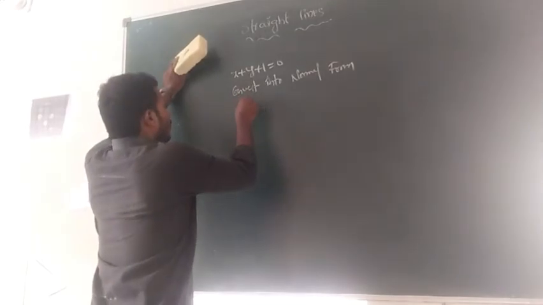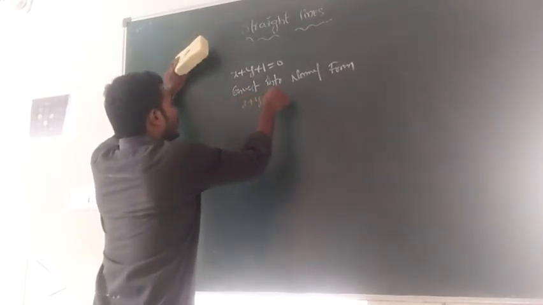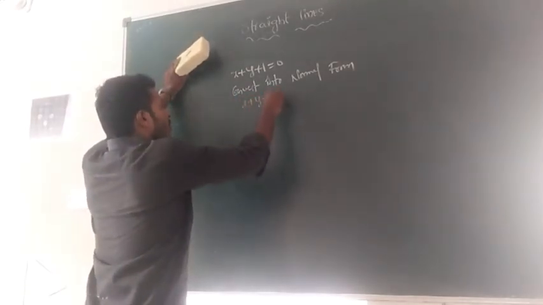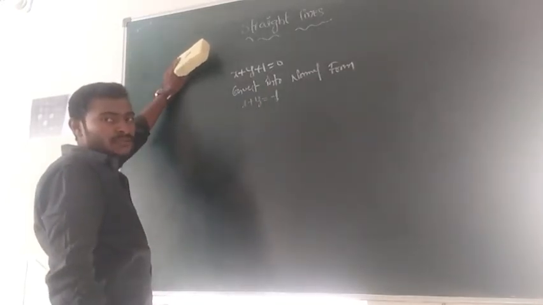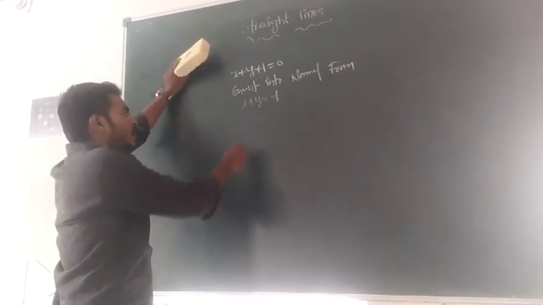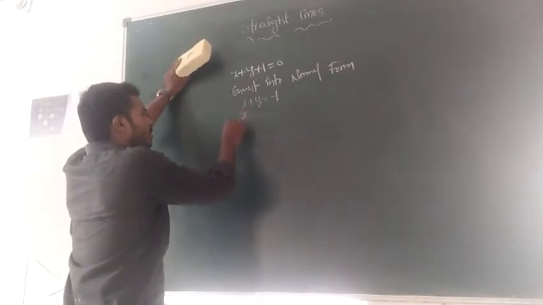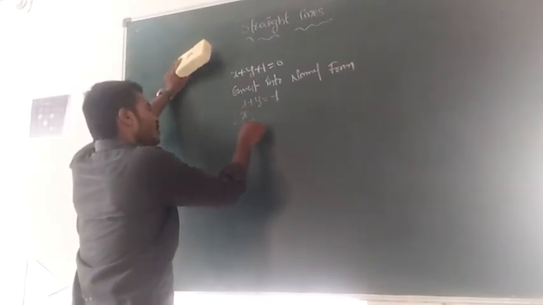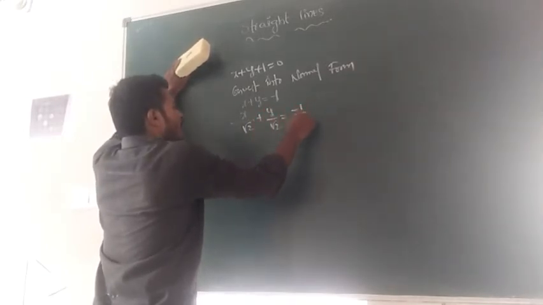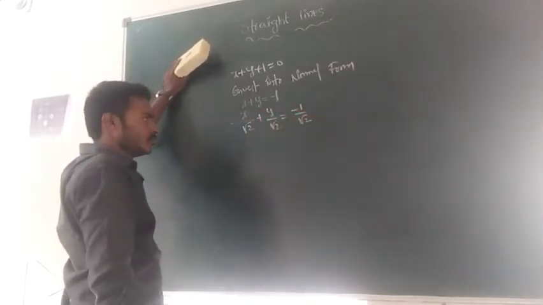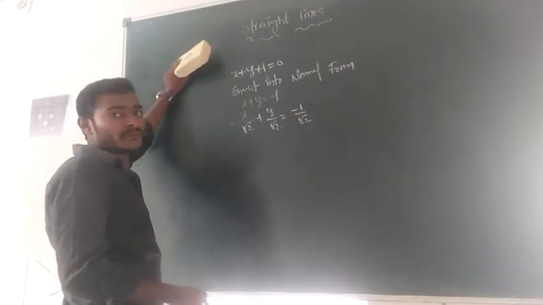So I am reducing this equation to x plus y equal to -1 and dividing both sides by √2, giving x by √2 and y by √2 equal to -1 by √2. Why divide by √2?